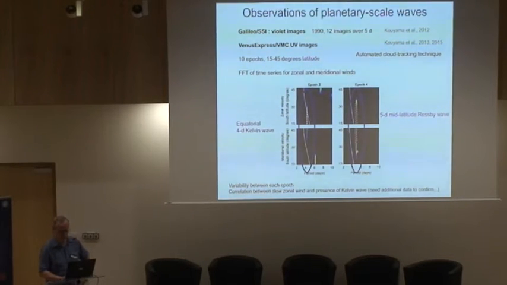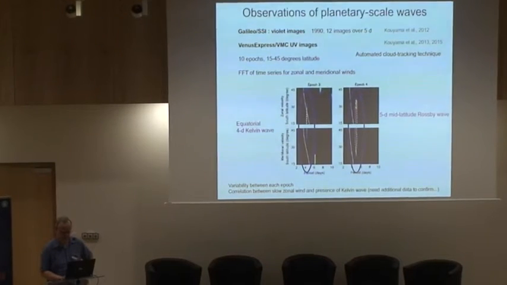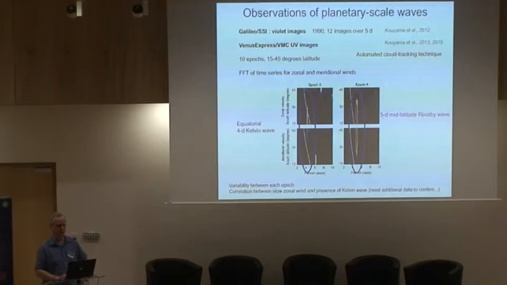The red color means that the statistical significance is high. So the Rossby wave is clearly detected, and it is in fact retrograde. It may be seen by comparing this value with the frequency corresponding to the zonal periodicity. You may see here this wave and this other one. There is a variability again, and it seems that the Kelvin wave is more present when the zonal wind is weak.